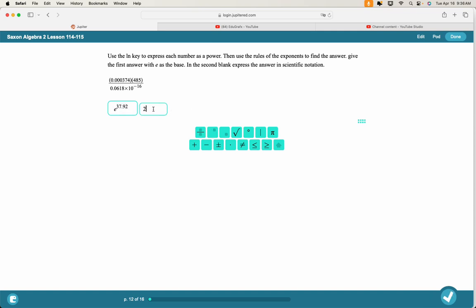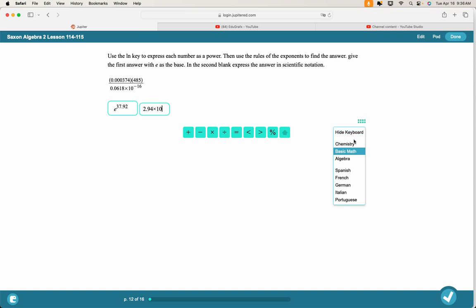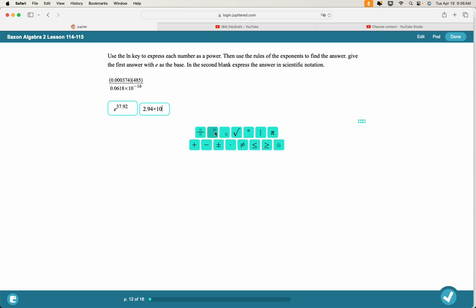And this was 2.94. It's still not giving you the right one. Fine, times 10 to the 16th power. Finally. Okay, so it should take it now.